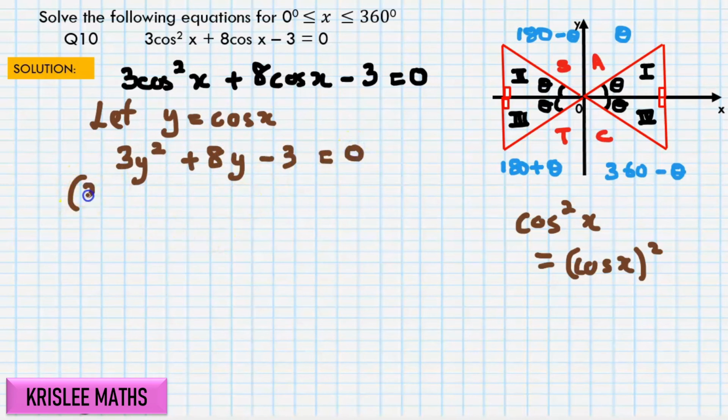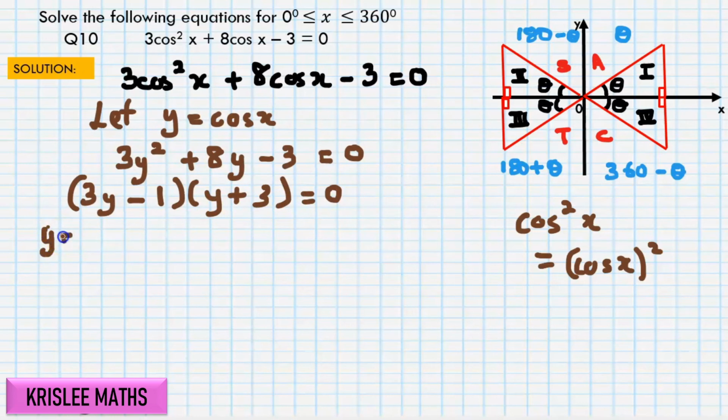Now you can factorize the equation, and you will obtain 3y minus 1 and y plus 3 as the factors. For the first factor, the y value is 1 over 3, and for the second factor, y is negative 3.